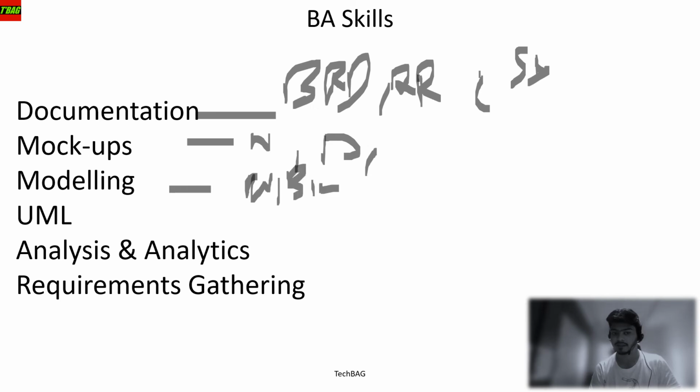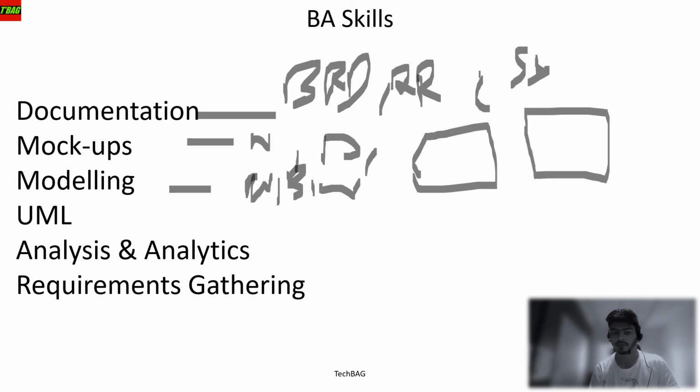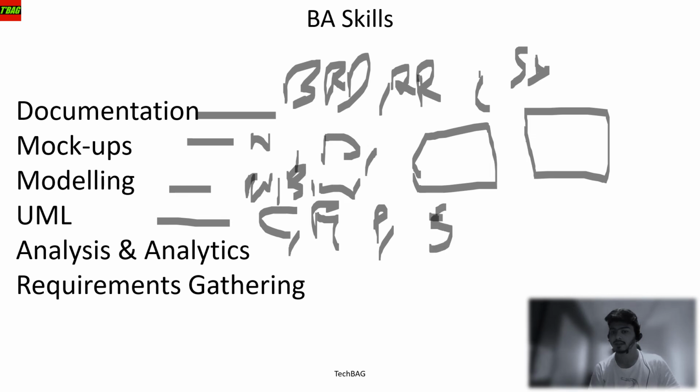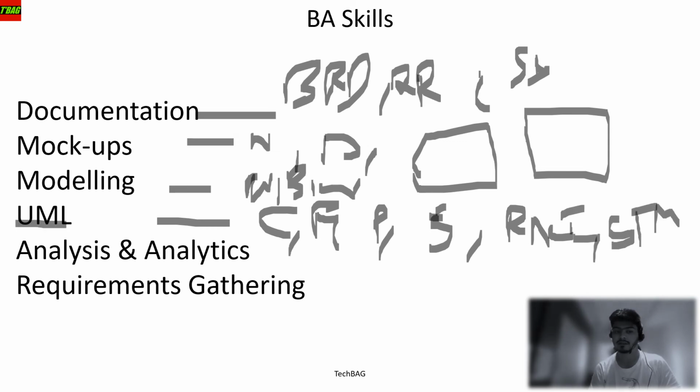Balsamiq is one piece of software that is helpful to create wireframes, which are a prototype of how a process would look. Then all the UML diagrams: class diagrams, flow charts, process charts, swim lanes, RACI matrix, and stakeholder mapping. So these are all the UML things.